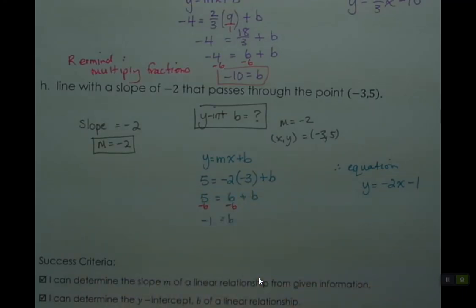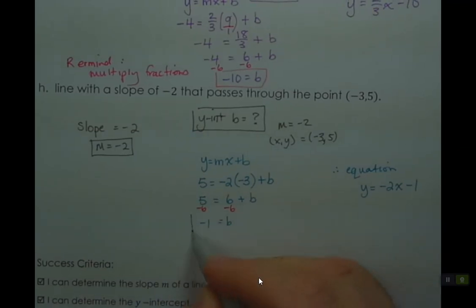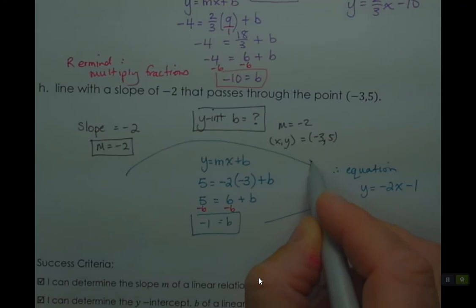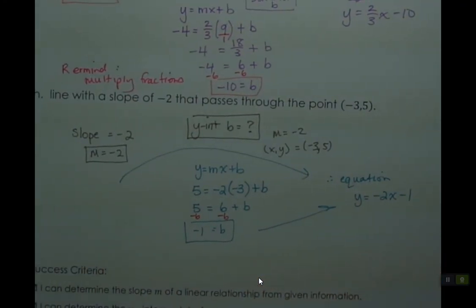Did some math. -2 times -3 is +6. Bring the 6 to the other side, so I subtract 6 from both sides. I get -1. So that's the skill set that you're looking at.